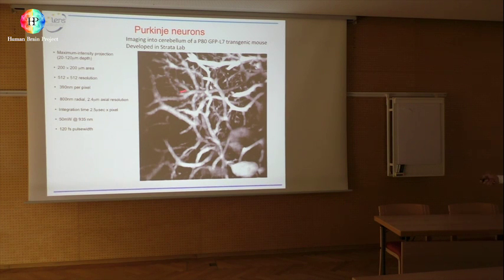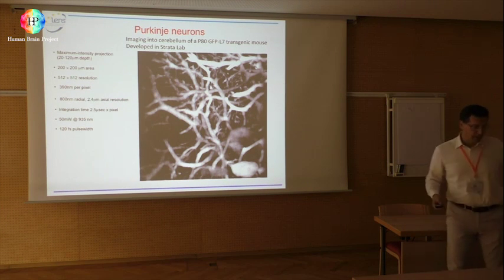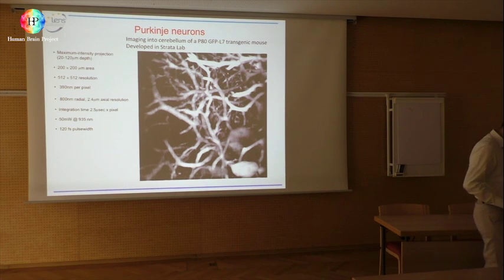And here, for example, it's an image when you place your window on the cerebellum. And the image shows Purkinje cells. This is a maximum intensity projection, okay, that you have here. It's a 3D stack which is projected on a 2D in order to show you all the stack.